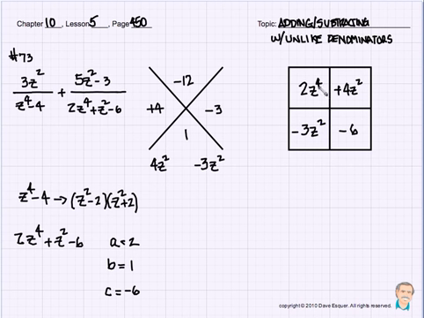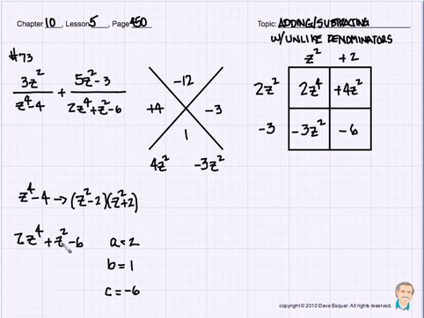So let's see if we can come up with the factors. 2z to the fourth and 4z squared. What's common is 2z squared, which defines the top as z squared and a plus 2. That gives our lower left side having to be a minus 3. And as our final check, a minus 3 times a plus 2 is a minus 6.